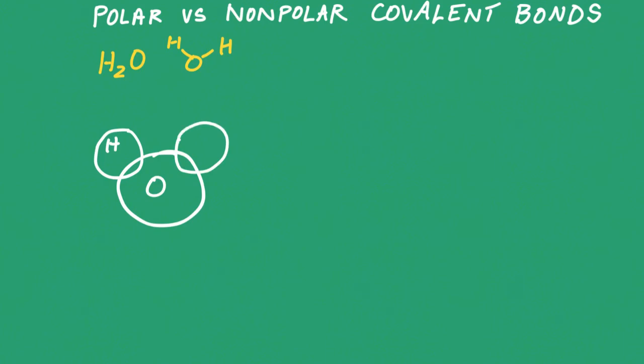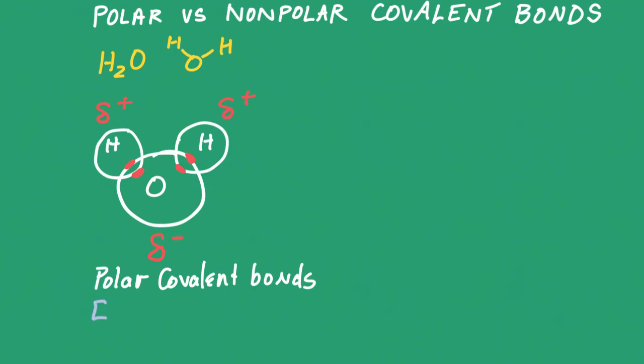We just saw the example of water. Electrons are shared unequally in the formation of water. So oxygen is slightly negative and the hydrogens are slightly positive. So here we have a polar covalent bond because there are opposite poles that are formed in the molecule that's made as a result. Electrons are shared unequally. That's what we need to remember.